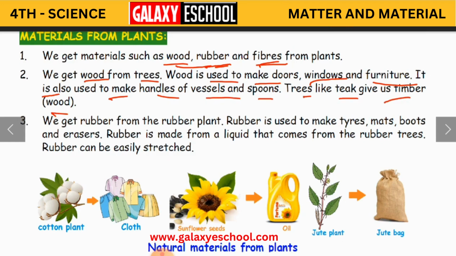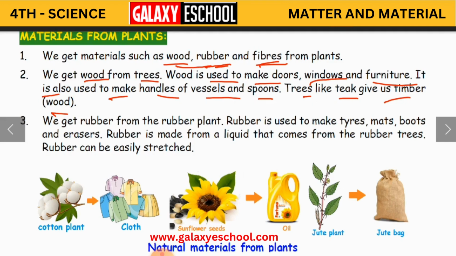So what do we do with wood, children? As I said in the beginning, most of the furniture we have in our houses, and in offices where our parents work, and in hotels, is made of wood, like tables, chairs, cots, and all this.